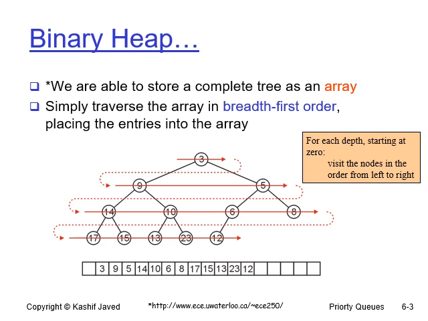To illustrate the structure property with the help of an example, last time we saw that if I have numbers like 3, 9, 5, 14, 10, 6, 8, 17, 15, 13, 23, 12. So let's say these are the numbers that I have, and I want to construct a binary heap.